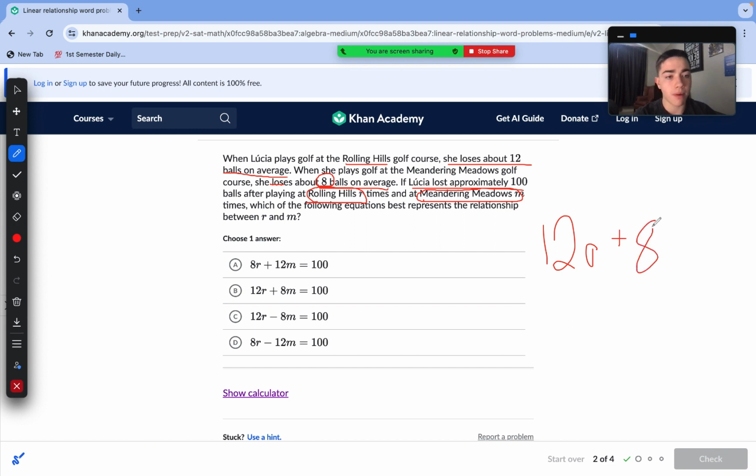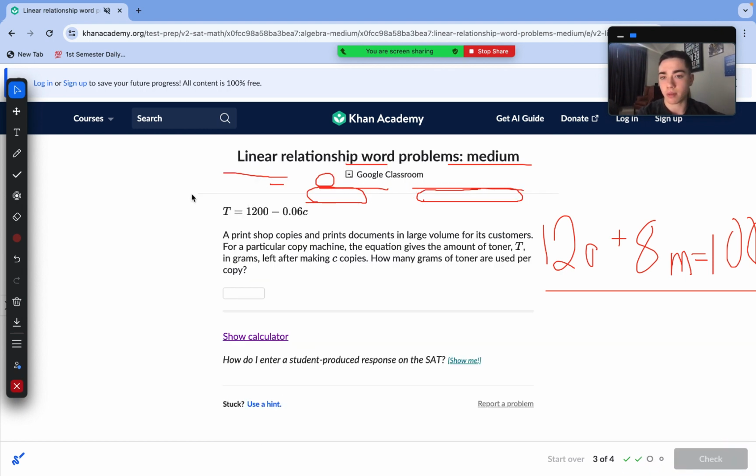And we're combining our lost balls in order to reach that approximately 100 number. So this is what they're looking for. 12R plus 8M equals 100, which perfectly matches answer choice B. We'll see a lot more of this question type later when we reach our systems of equations. On to our third question here.